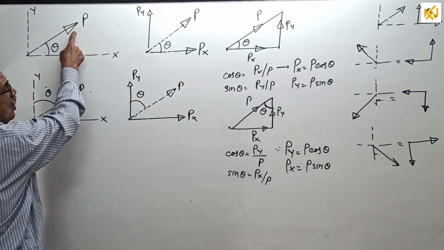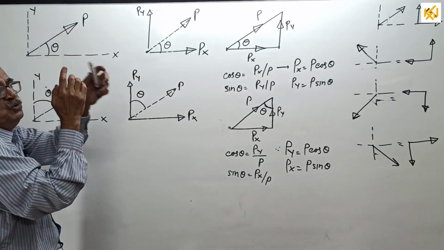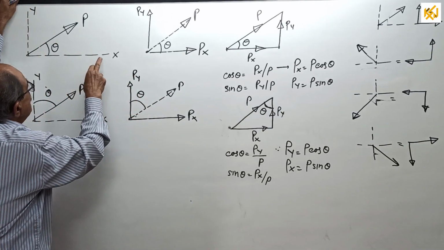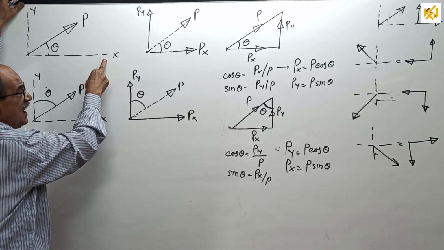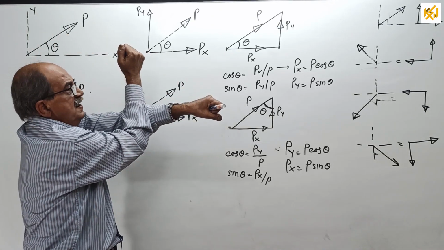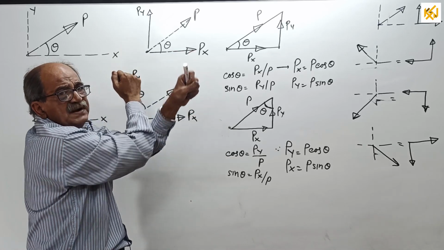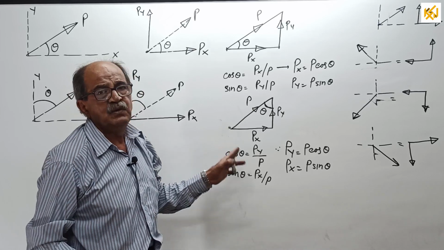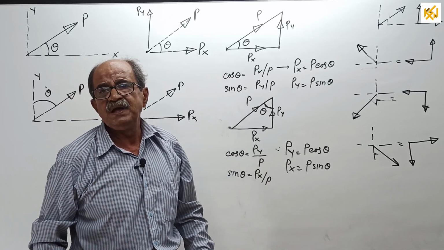When you want to resolve a force in two mutually perpendicular directions, at present one of them is horizontal, I took x, the other vertical y, but it can be tilted also, no problem. But later, maybe next class I will explain. Time problem is there. Everything in one class, if I try to explain, it will become hurried.